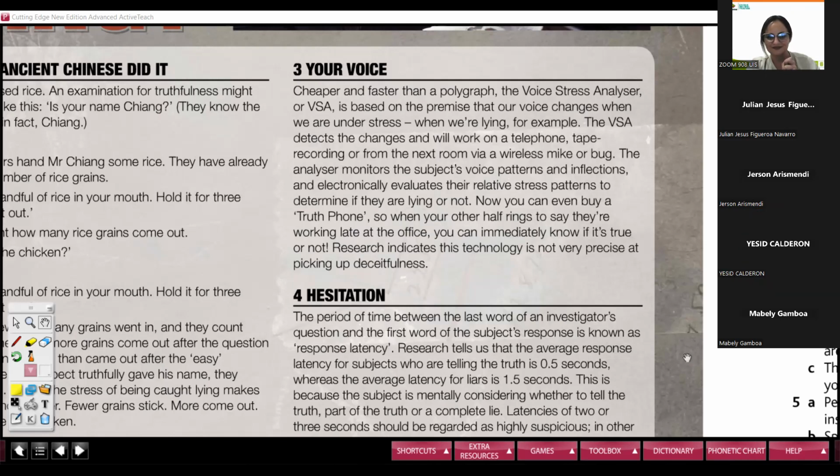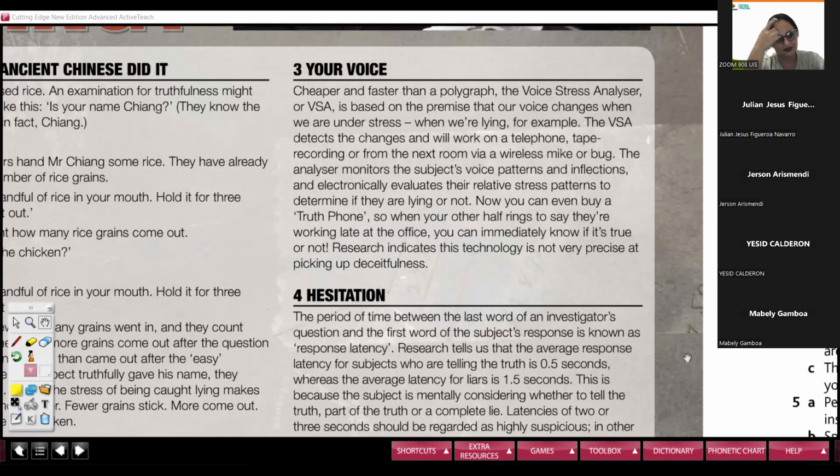Okay, teacher. I believe that when a person lies, they don't look in the eyes of the other person. They think for a few seconds before speaking. Another thing, usually their voice, how do you say, temblar, tartamudear?